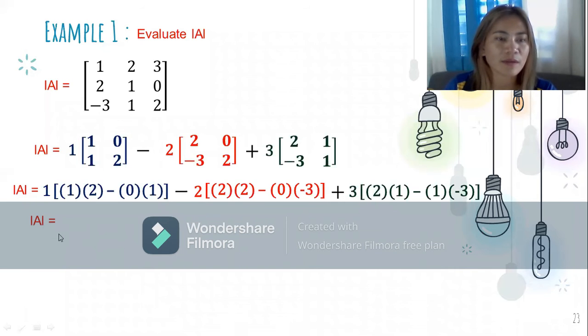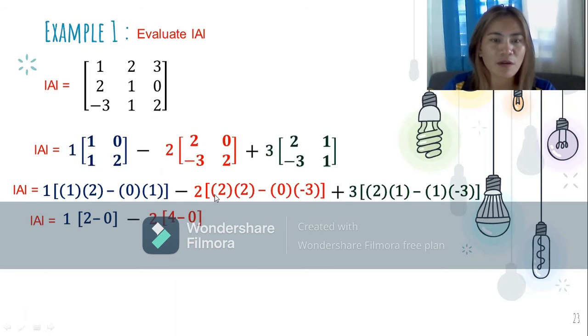So 1 times 2 is 2, minus 0 times 1, that is 0. Minus 2 times the difference of 2 times 2, 4, minus 0 times negative 3, 0.